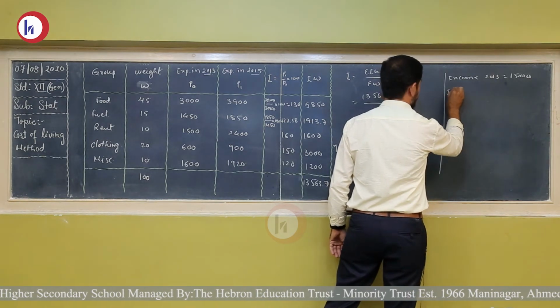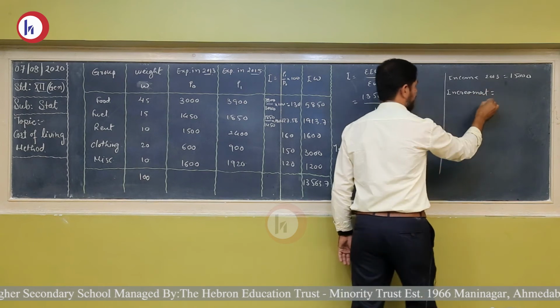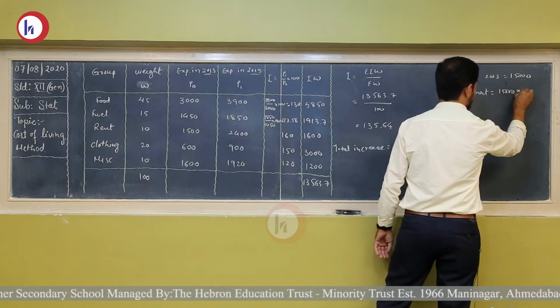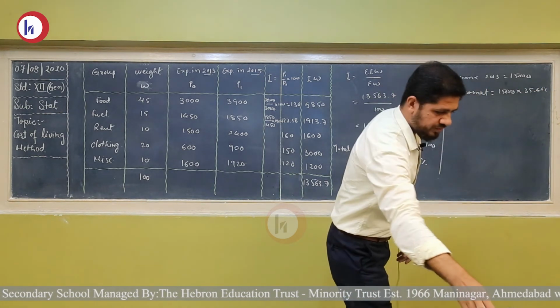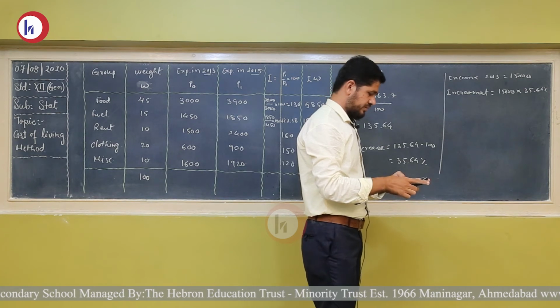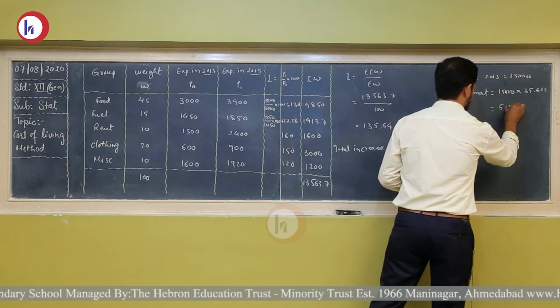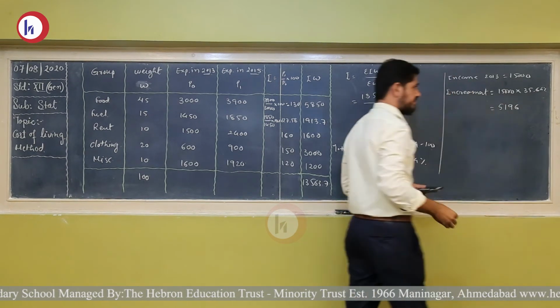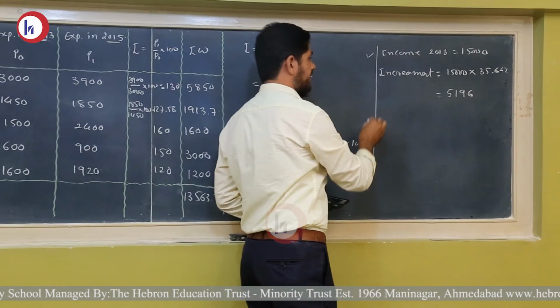So total increment is equal to 15,000 into 35.64%, so total increment is 5196.